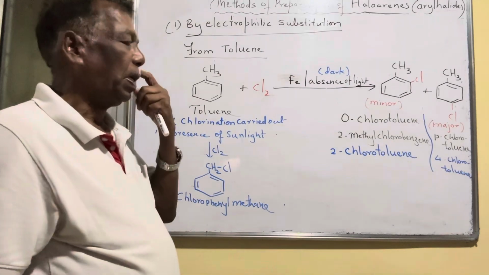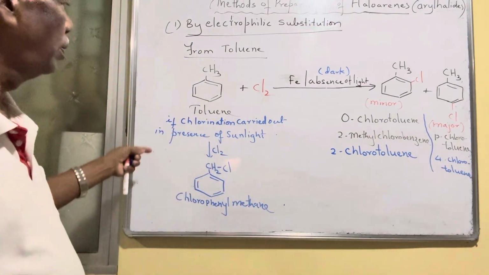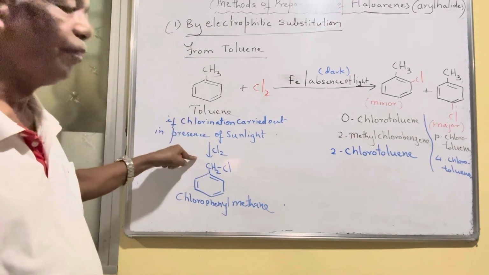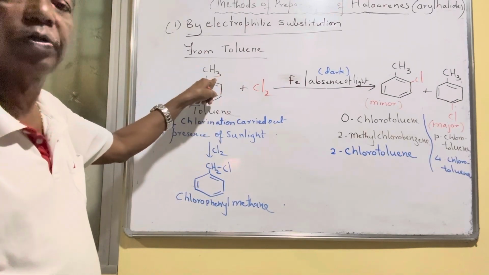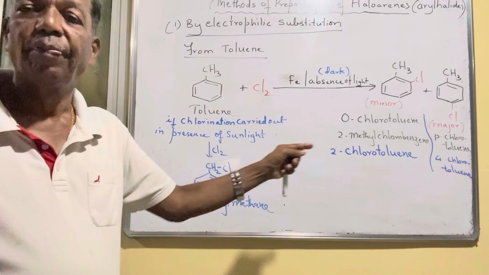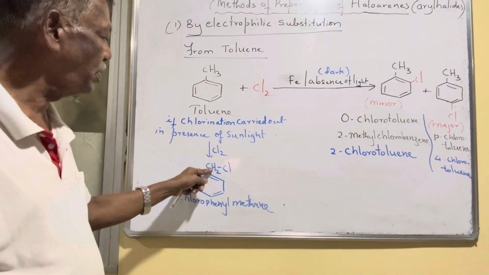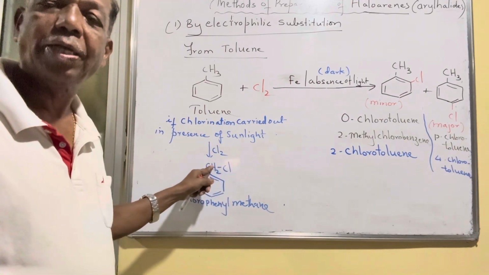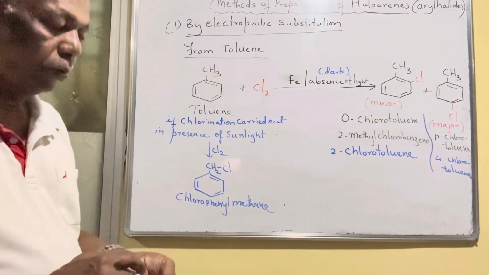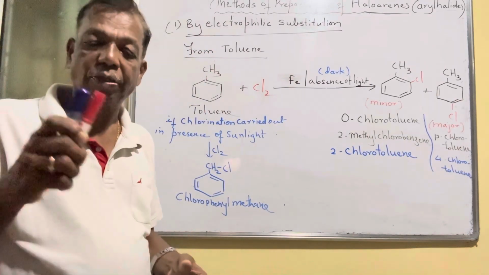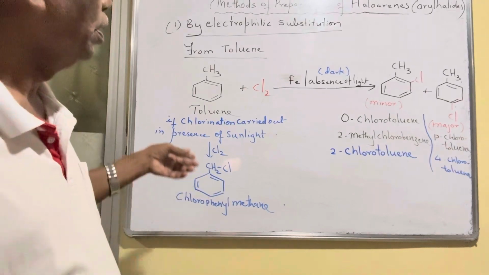So remember that in the presence of sunlight, chlorine will remove the hydrogen from the methyl group. If I continue like this, you can get CHCl2, and then the last will be CCl3, which is benzotrichloride, as I explained in my last video.